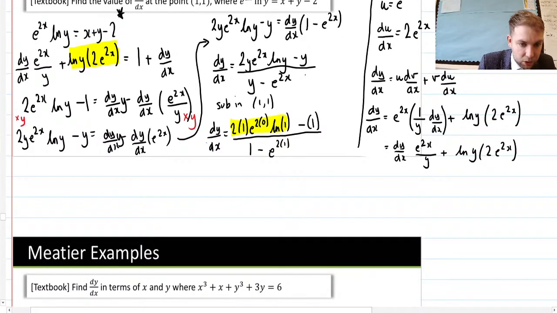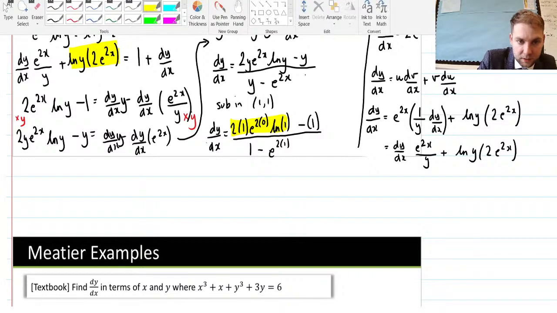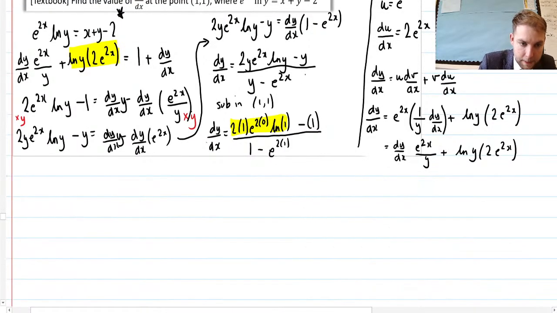I'm just going to give myself a little bit more space here. dy by dx is equal to the minus 1 here. So minus 1 over 1 minus e to the 2.